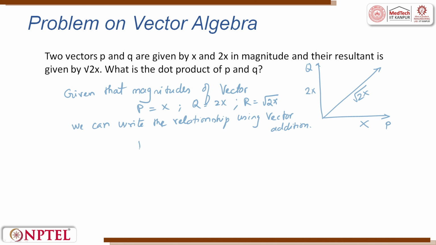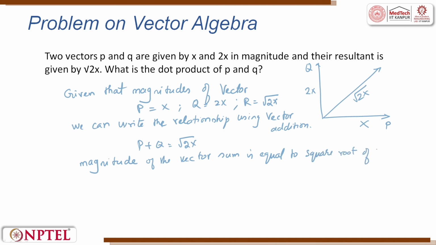That is P plus Q equal to root 2x. So, the magnitude of the vector sum is equal to the square root of the sum of the squares.